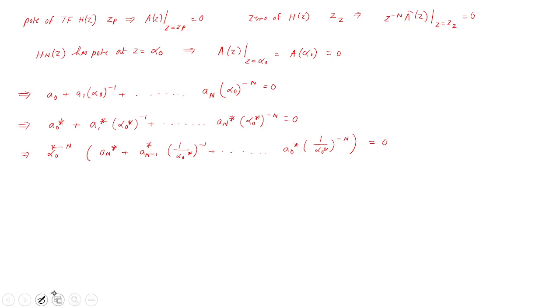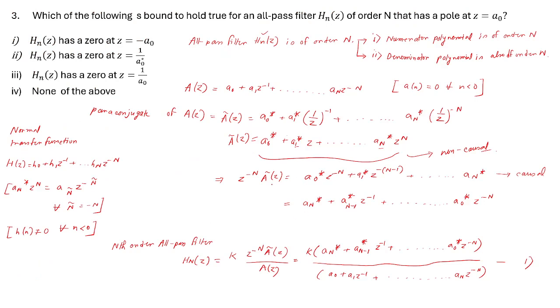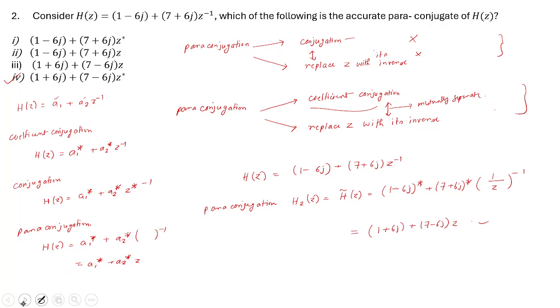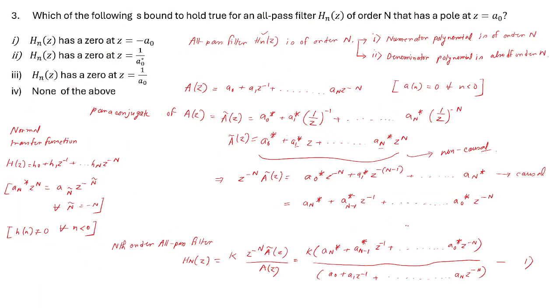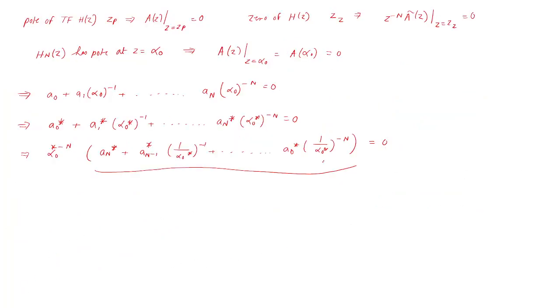Now, do you find any similarity between this expression and the expression here of z to the power minus n times the paraconjugate of A(z)? You see, the coefficients match, an star here. At the end, a naught star times z to the power minus n, with alpha naught star to the power minus n.